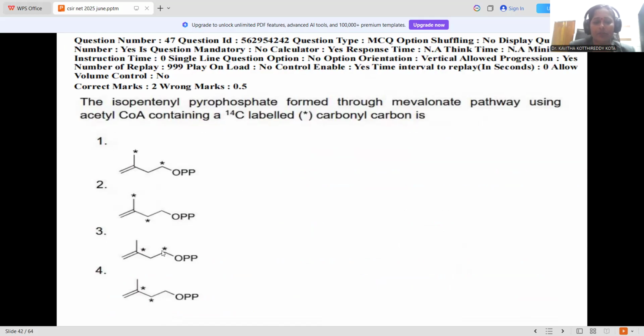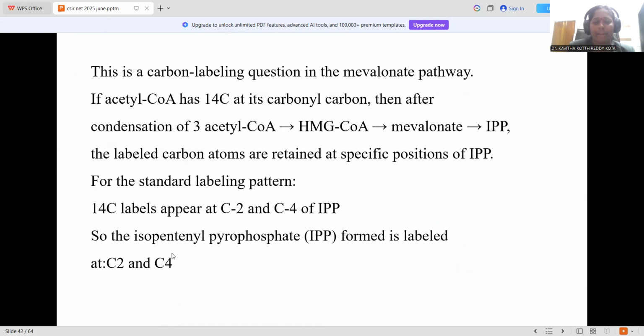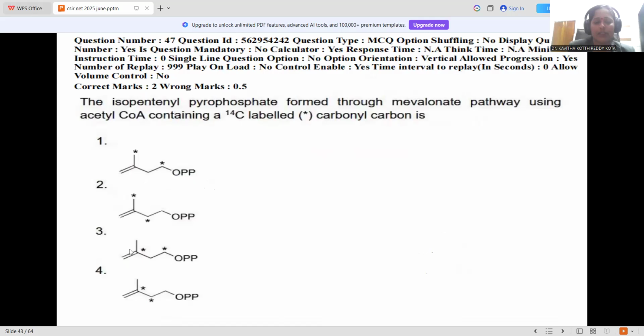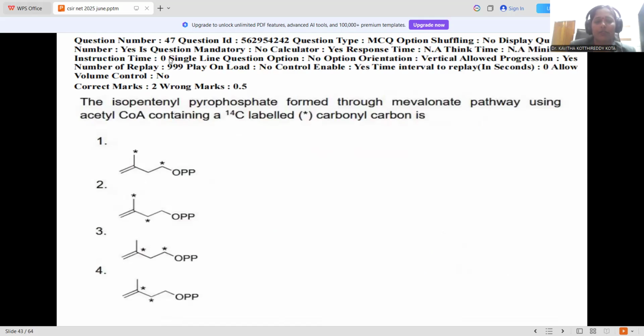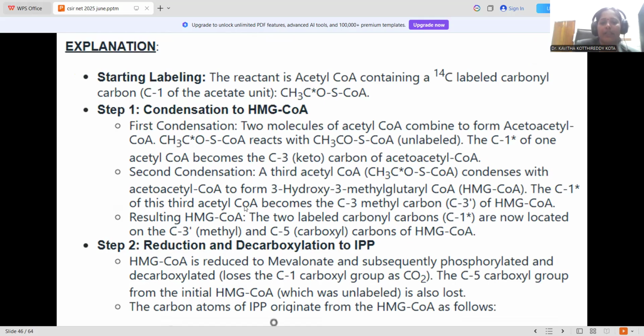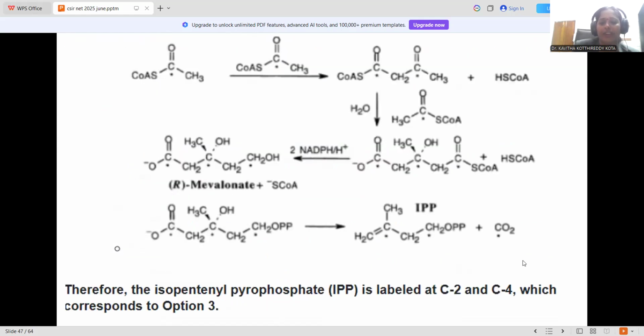Second and fourth positions are mentioned in option number 3 only. C2 and C4 positions are in option number 3 only. That option number 3 will be the right answer for question number 47. If you understand this entire mechanism, then only is it possible to identify the position of labeled carbon atoms.